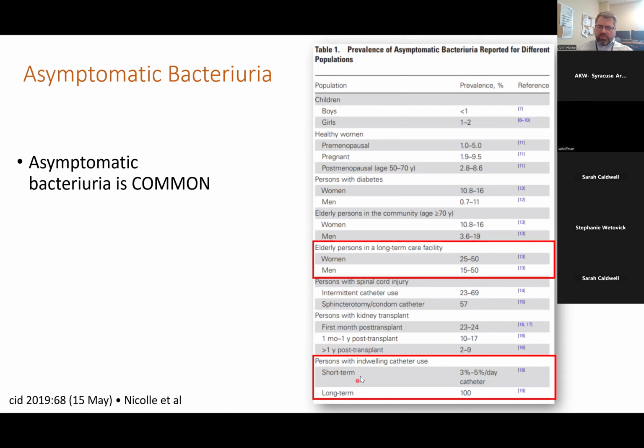So once you put in a Foley catheter, once they've had it in a few days, they're going to grow something. There's going to be bacteria there, and sometimes multiple types of different bacteria. So it approaches 100% within a couple days of having a Foley in.